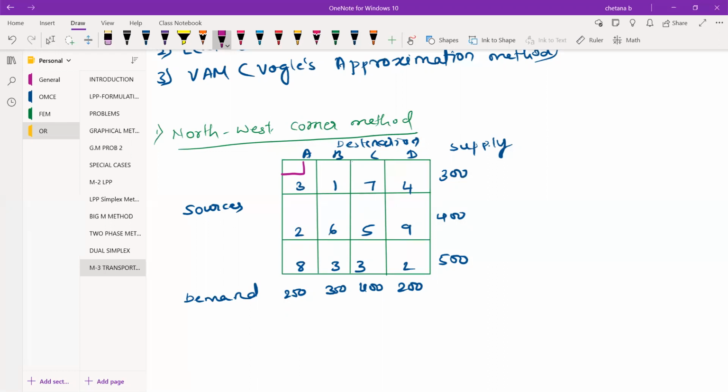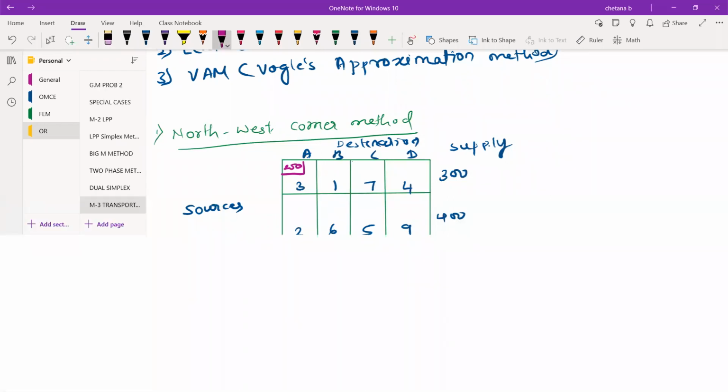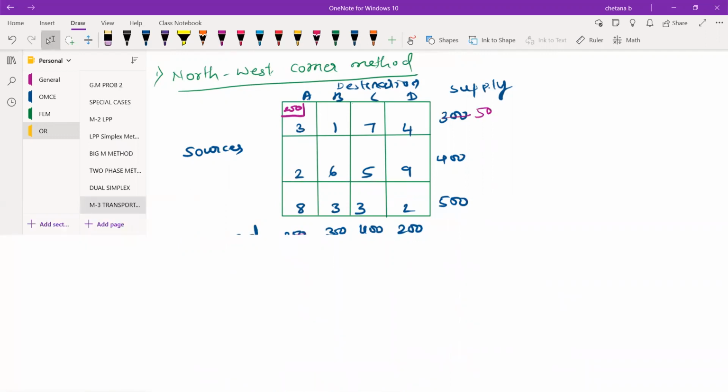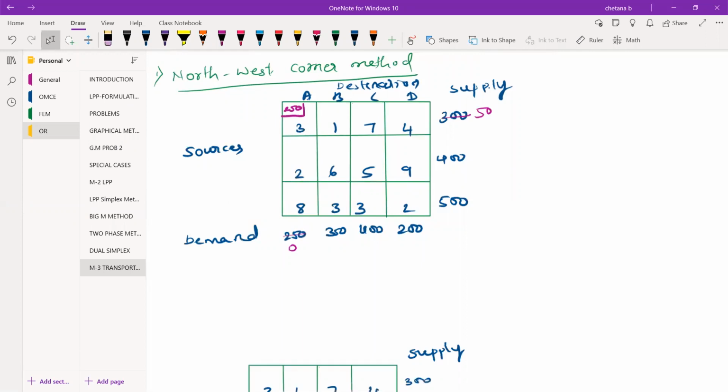Whichever is minimum, you allocate that. The minimum is 250. Allocate that 250, and there is 0 remaining in the column, and in the row 50 supply remains.